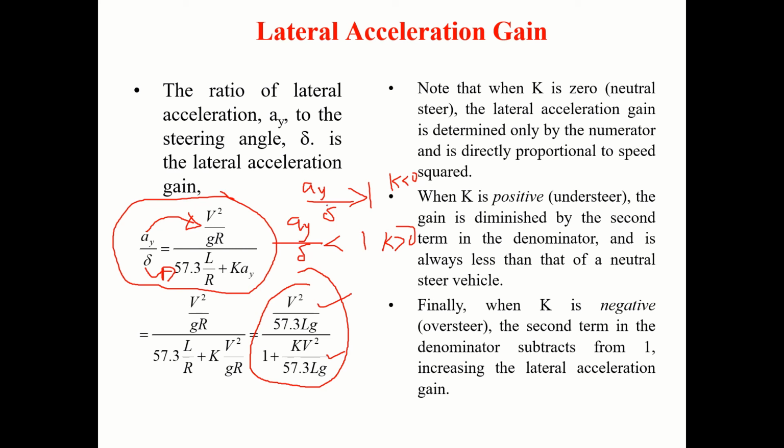Lateral acceleration gain decreases with this. Here it increases. So when K is positive, the gain is diminished by the second term in the denominator and is always less than that of the neutral state angle. Finally, when K is negative, the second term in the denominator subtracts from 1, increasing the lateral acceleration gain.